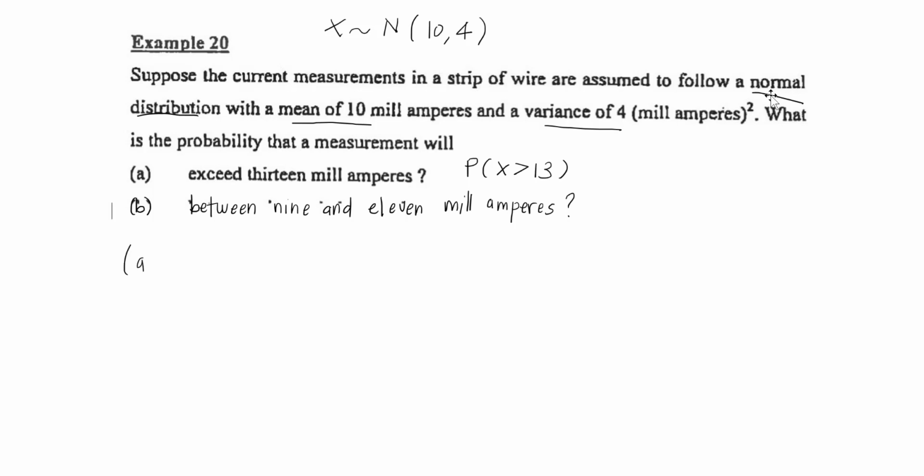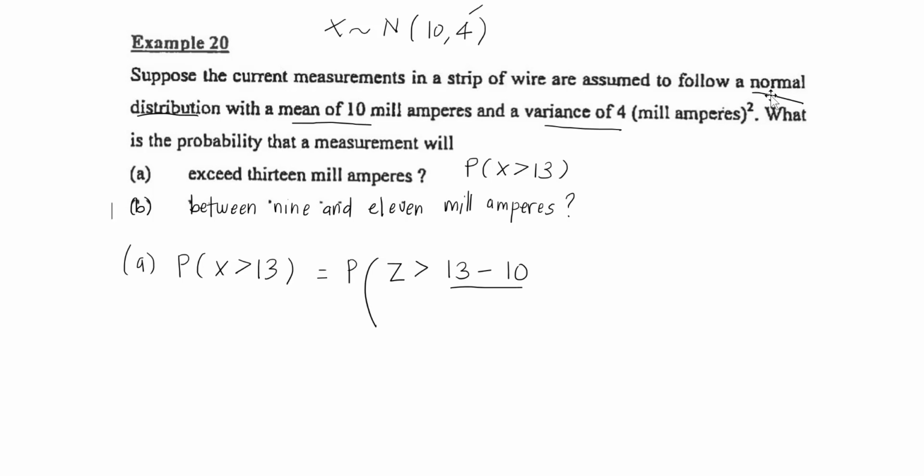For question A, we have the probability of X greater than 13. We must standardize the normal distribution, that means we must have the Z. The formula for the standardized normal distribution is X minus the mean, over the standard deviation. So we have X is 13 minus our mean of 10, over the standard deviation.